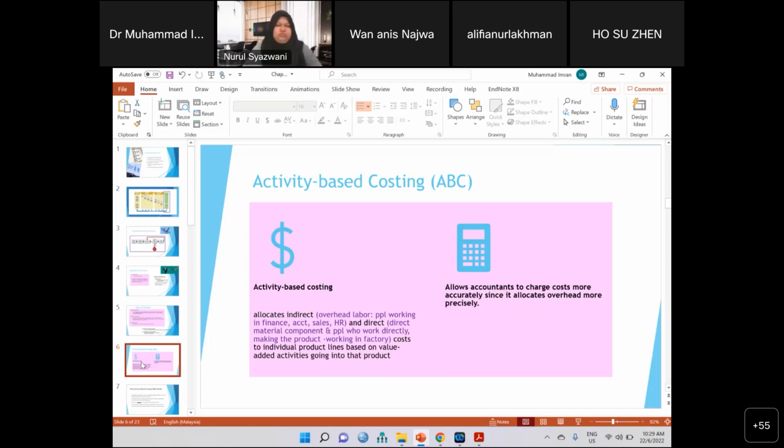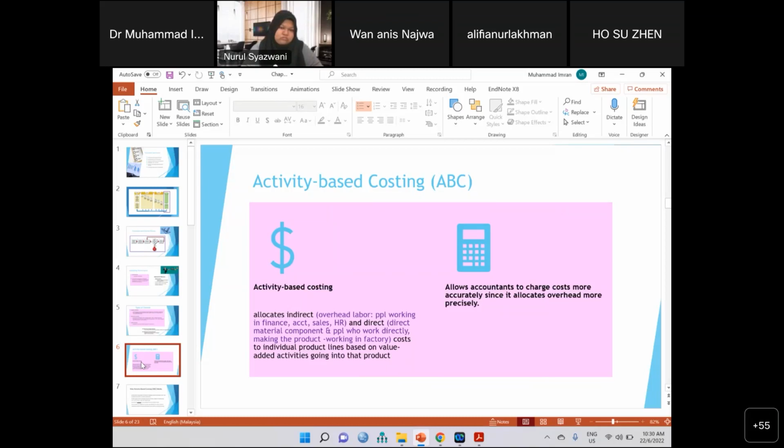Before, they were just considering the direct cost and calculating the total cost of the product. Now, ABC analysis suggests they must add the overhead cost and then calculate the total cost of the product or the services.